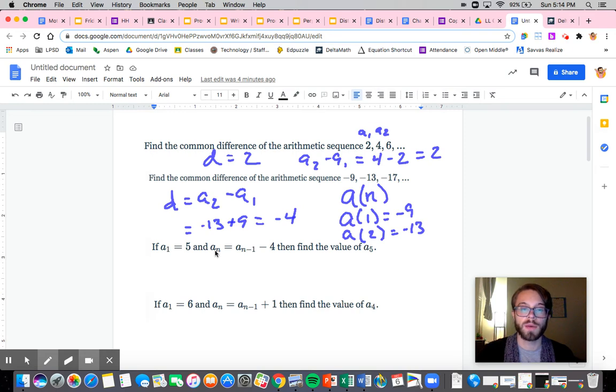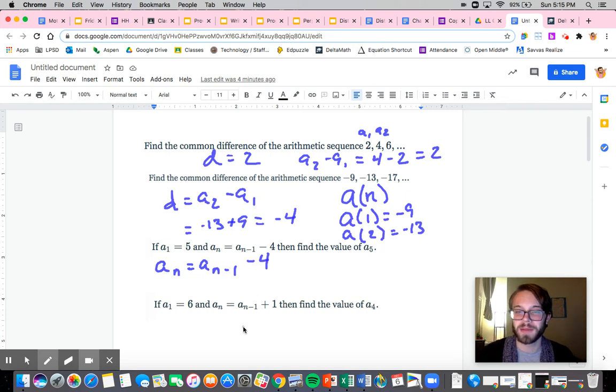As you can see here, I'm saying my nth term, where n is whatever number term I'm on, is equal to the prior term minus 4. So in this case, our difference is negative 4. The actual formula in general for a recursive function is that.